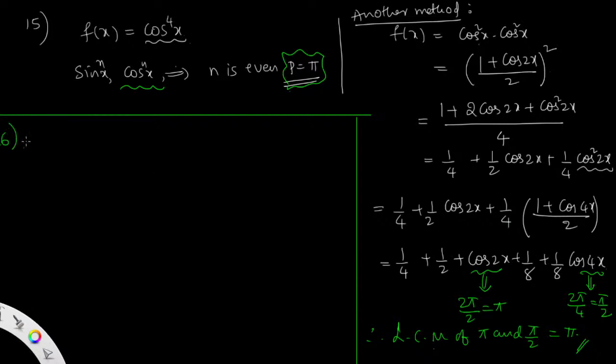Question number 16. f of x equal to sin square x plus 2 times cos square x.